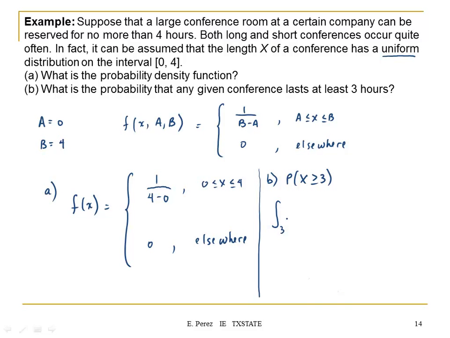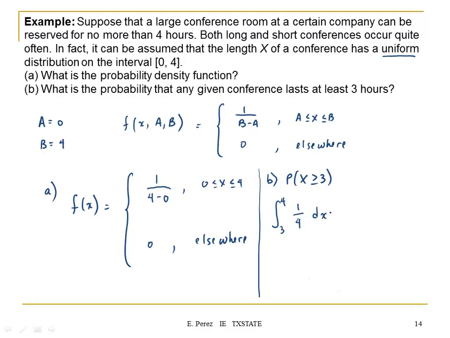So you integrate from 3 to 4, because that's your upper limit for the distribution, 1 over 4 dx. Is that clear? While you're integrating, you're finding the probability. To find the probability for a continuous distribution, you integrate.